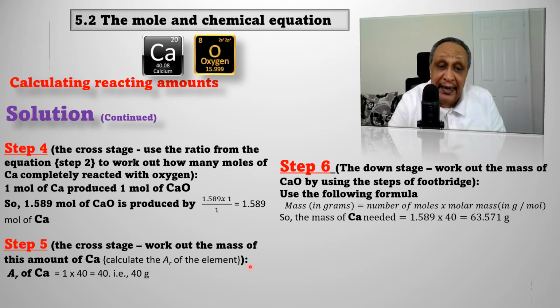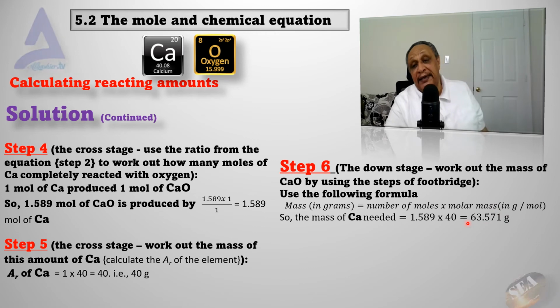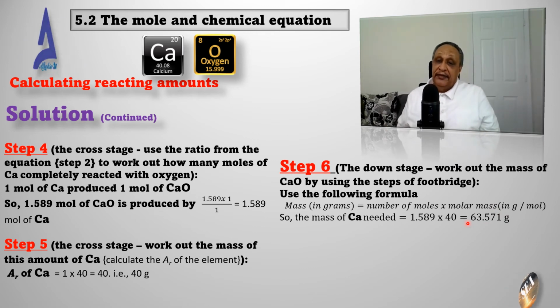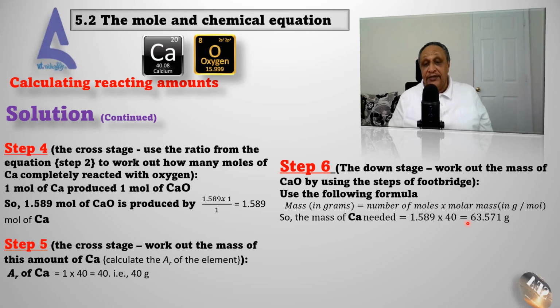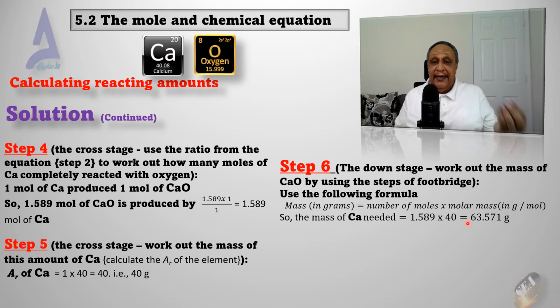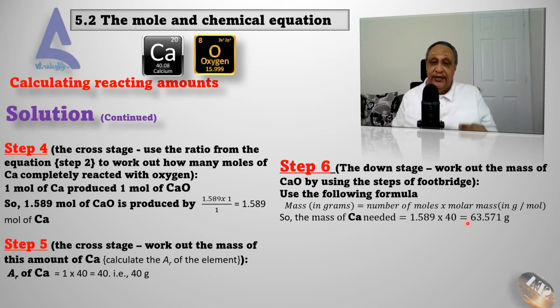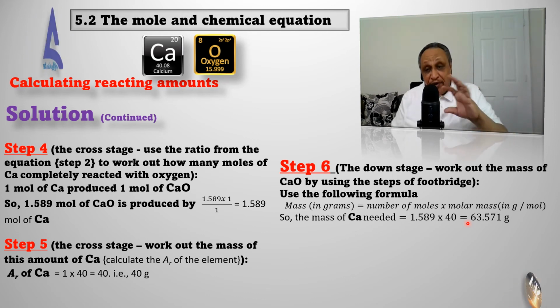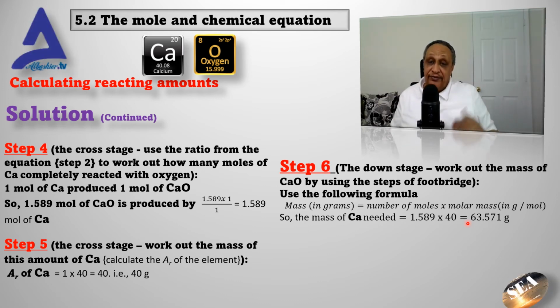I have only 40 here, so this multiplied by 40 is going to be 63.571 gram of calcium. So in order to make 89 grams of calcium oxide, I need to burn approximately 63.6 grams of calcium.